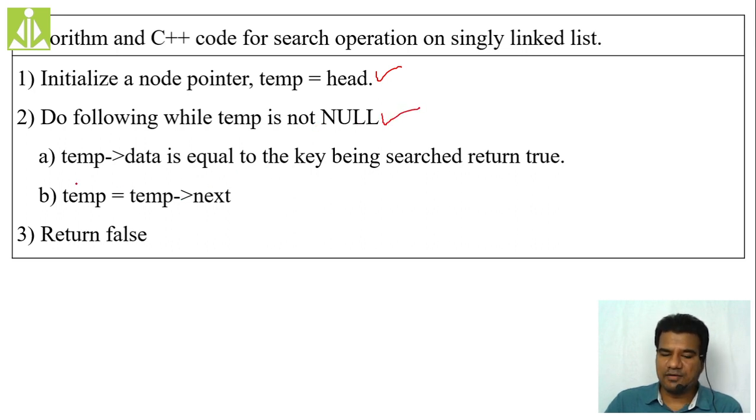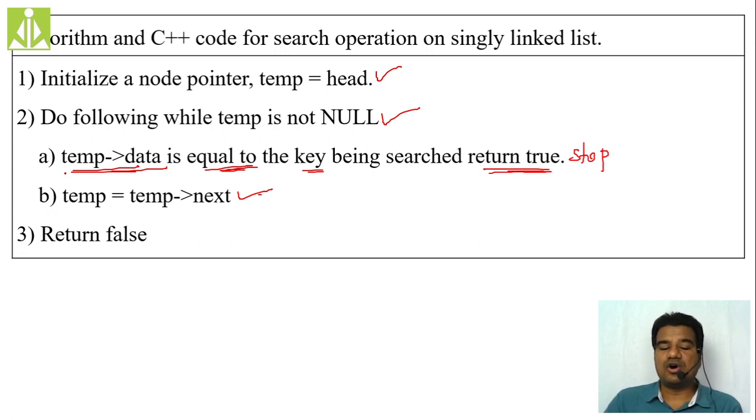Every time, we compare temp of data with the key value. If it is equal, then return true, which means we stop there. If it is not equal, we move to the next node: temp equals temp of next. Move to the next node and perform the same thing once again.